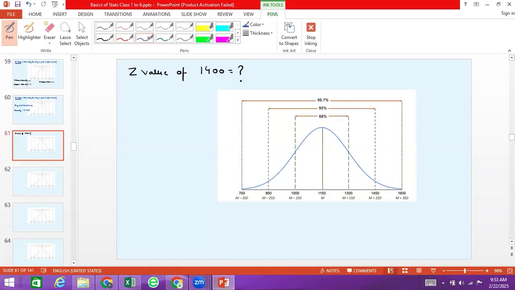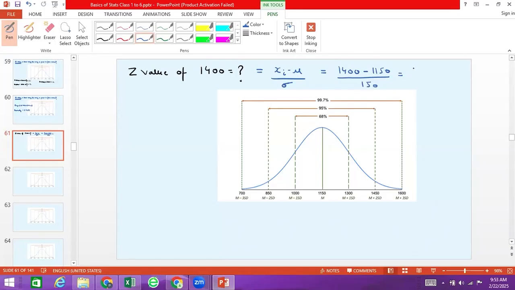Right? So what I will do is, there's a formula for Z value. The formula for Z value is xi minus mu divided by sigma. This will give me how many standard deviations away a point is from the mean. So xi is 1400 in this case, minus mu, which is 1150, divided by sigma, that is 150.